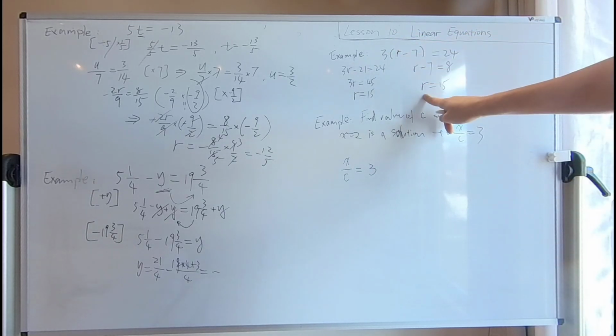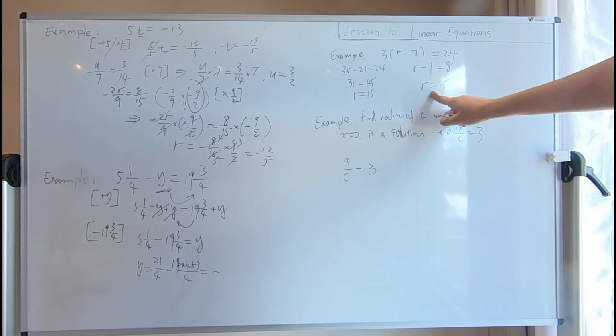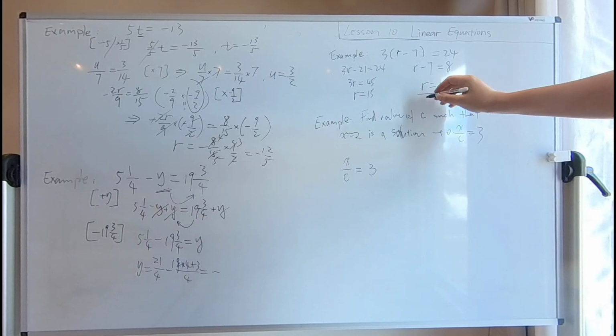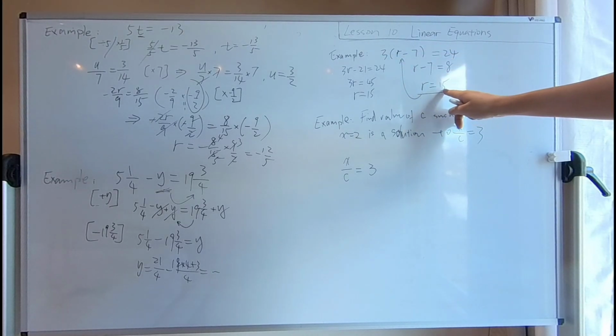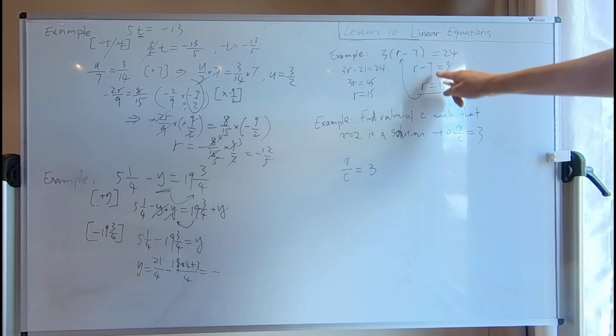Like for example, in the last example, this also gives you a good way to double check or validate if your solution is correct. If this solution is correct, I can substitute back in the value of r that I found and see if this equation is still true.